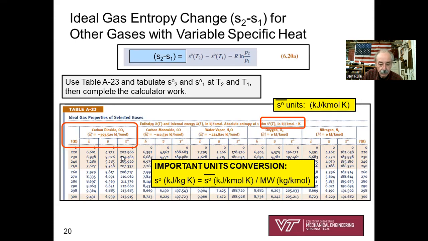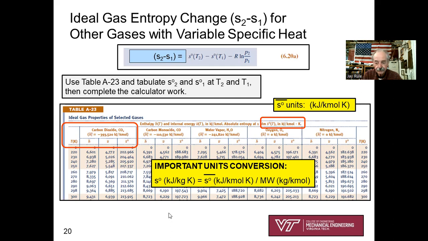And so very important that once you've written down your numbers for your S0 values, you've got to divide by the molecular weight to get your S0 units in terms of kilojoules per kilogram degree K. Yet another detail that a lot of students overlook.